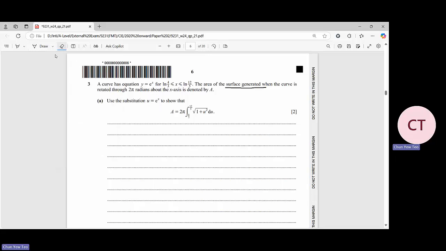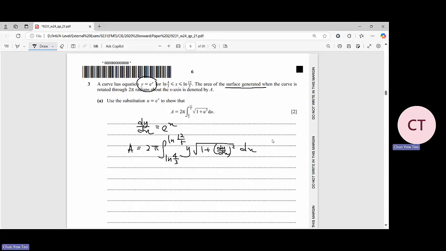So for these questions, first of all, we need to find dy/dx. Your y is e power x, your dy/dx is e power x. Your area is equal to 2 pi integrate from ln 4/3 to ln 12/5, 2 pi y square root of 1 plus dy/dx squared.